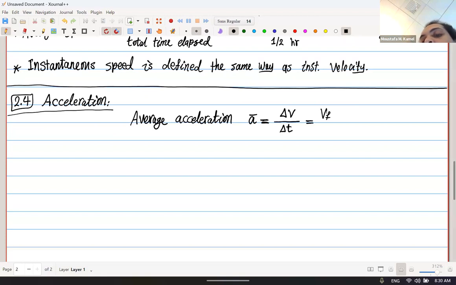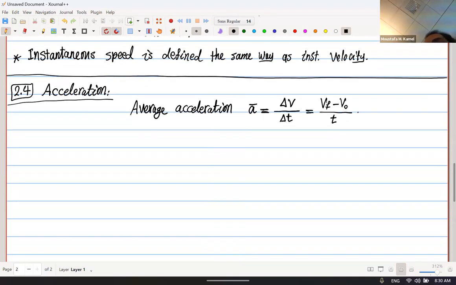So this is just final velocity minus initial velocity over the time elapsed. Okay, this is the mathematical definition. And as you can see, acceleration is a vector quantity because velocity is a vector quantity, and velocity is a vector quantity because displacement is a vector quantity.